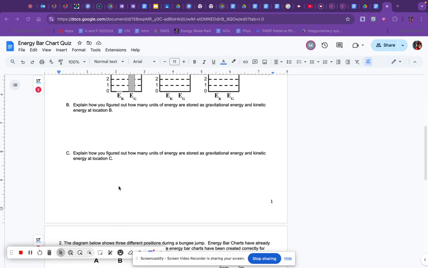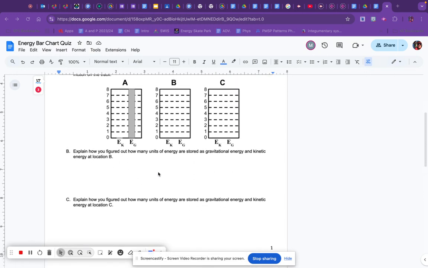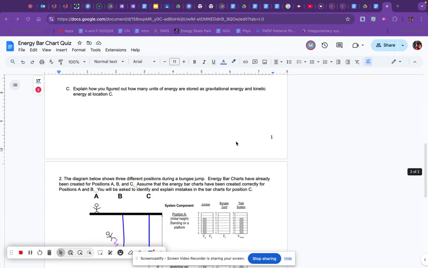For 1C, explain how you figured out how many units of energy are stored as gravitational and kinetic energy at location C. If there's any kinetic energy, which is movement, or gravitational energy, how much would they be? Remember, they must equal 8.